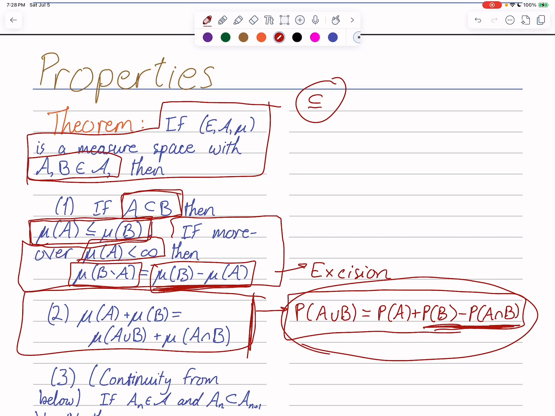This is a great way to write things. But when you're in the measure setting, you really want to prefer to write things with addition because things come out cleaner, since you don't have to wrestle with the caveats that come with saying something about infinity minus infinity. So that's why in the measure setting, we've written it this way.